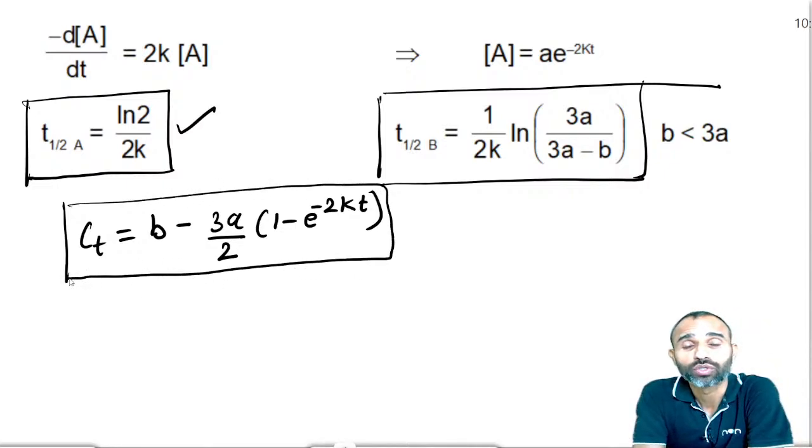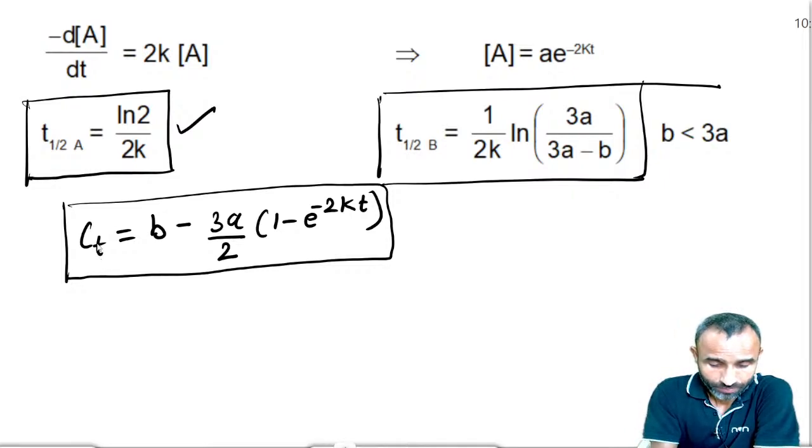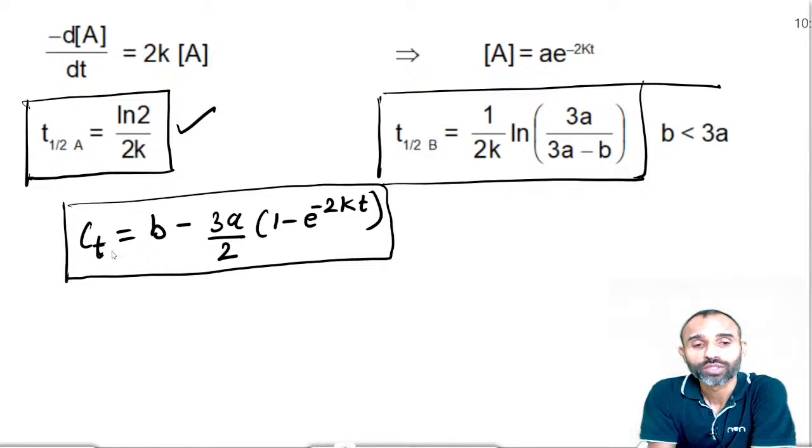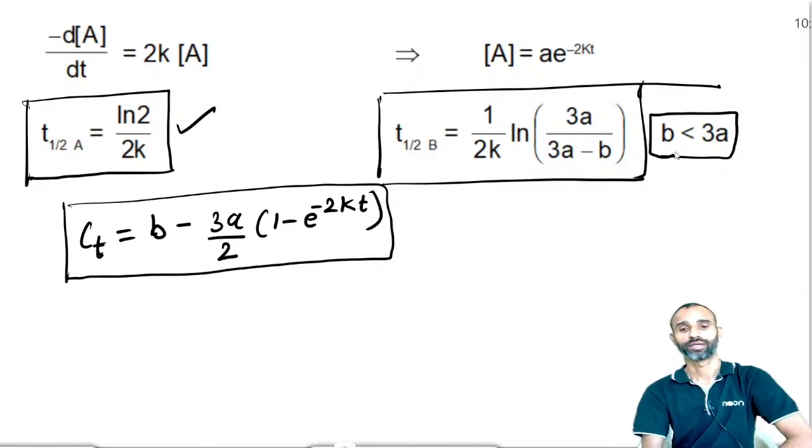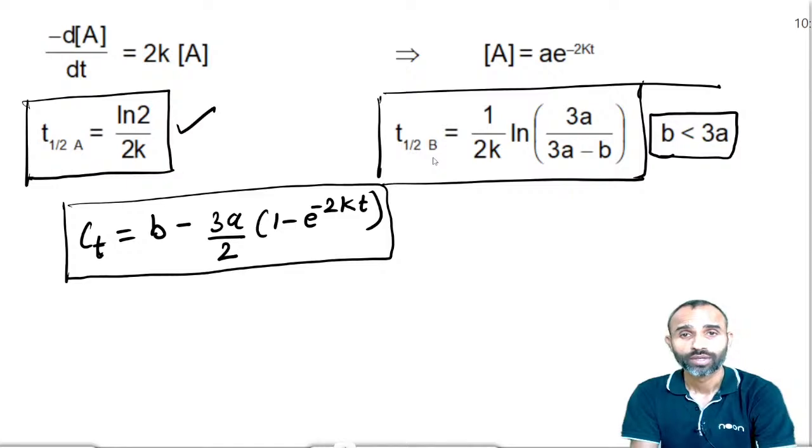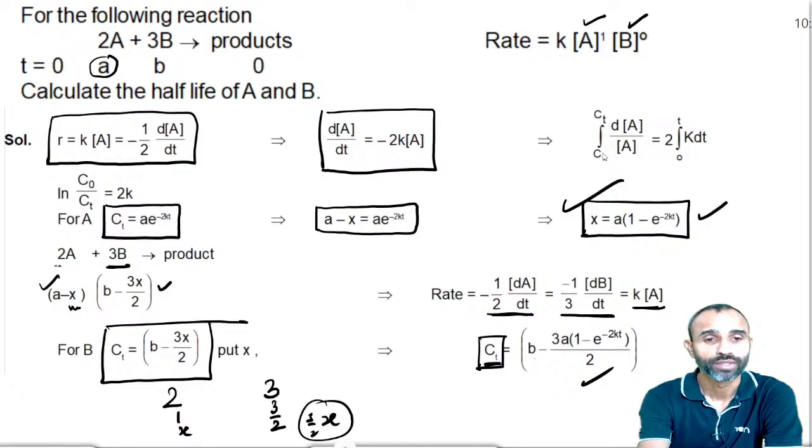Here, take this B as B by 2. Take B by 2, we will get 3a divided by 3a minus b. Then it is half-life of B, 1 by 2k, natural log of 3a divided by 3a minus b.